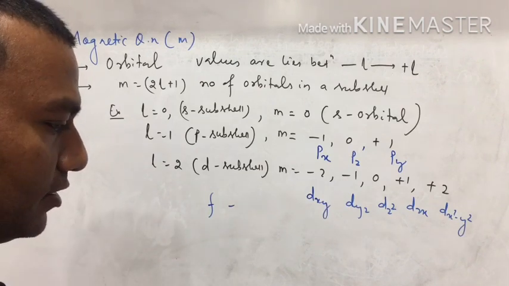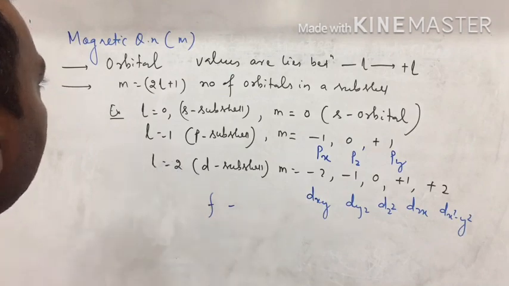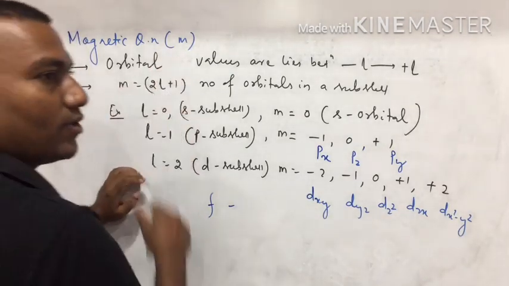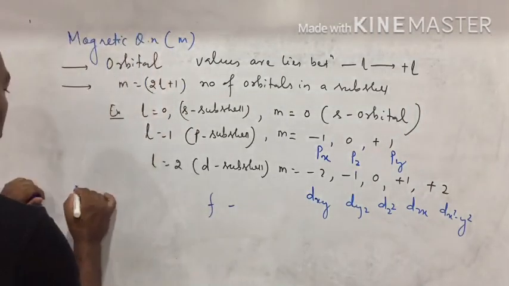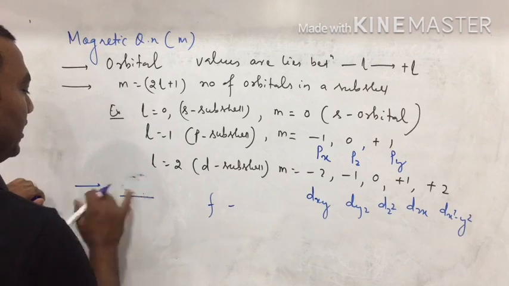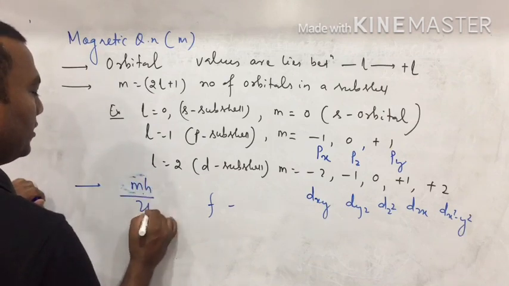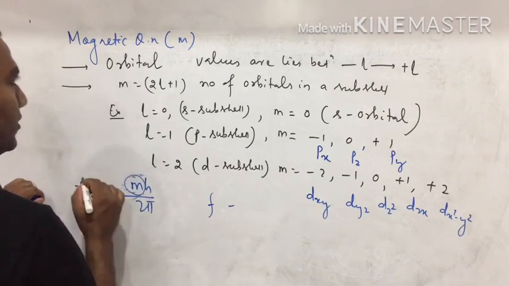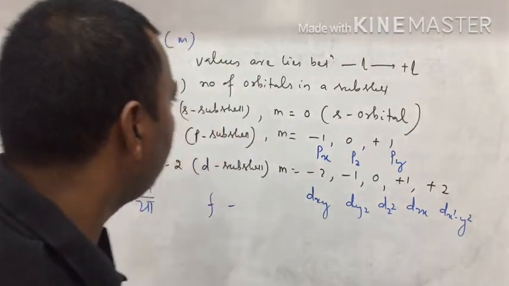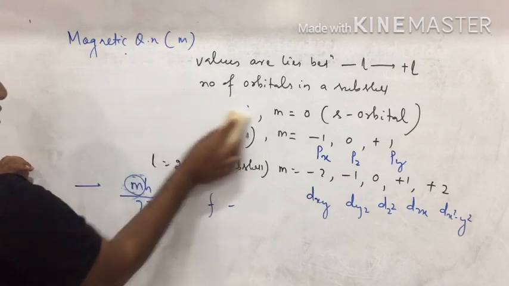Next is angular momentum. Its angular momentum will be nh by 2 pi, but in place of n we write mh by 2 pi. What is m? m is the magnetic quantum number. Clear? Then next we'll read.